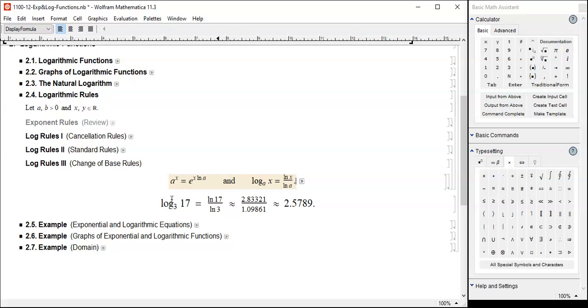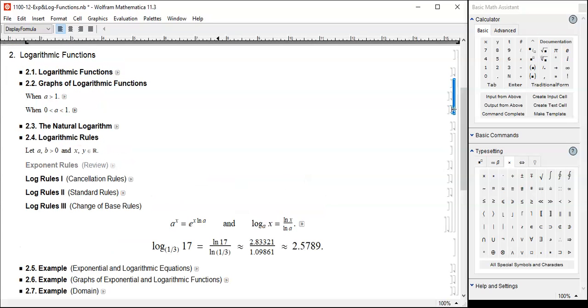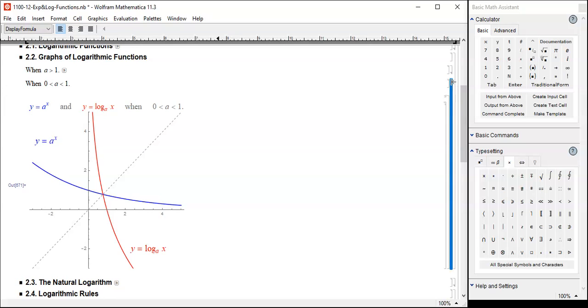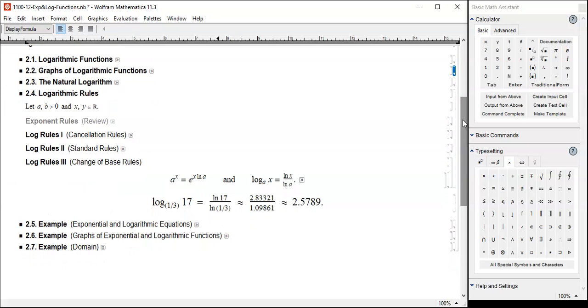As a matter of fact, instead of 3, if you have something worse, like 1/3 like this, then you can do the same thing, because you see, the base is less than 1. That's difficult to handle, as you saw in this kind of graph. But if you use the change of base formula, you can change everything to natural logarithm. So from here, no problem.